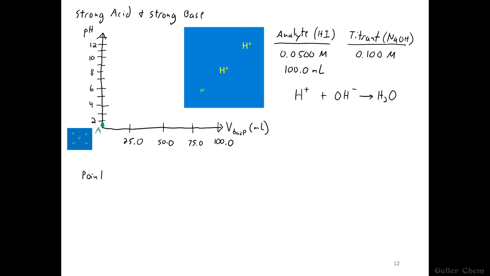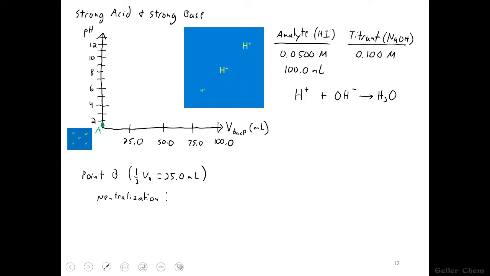Point B. And we are halfway to our calculated equivalence volume. In other words, we are at 25.0 milliliters. And we're just going to figure out what happens from the neutralization reaction. Neutralization.